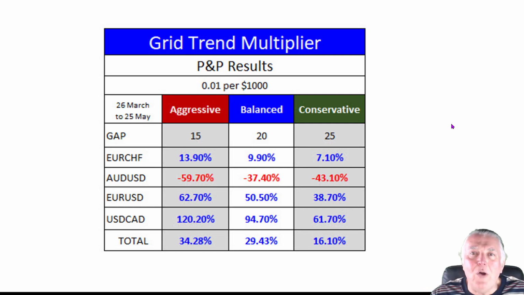So let's go and watch the Grid Trend Multiplier in action to understand how the carpet concept fits in, and how the grid levels fit in, and how you end up literally printing money when the price is located on your carpet, or blanket as I sometimes call it.